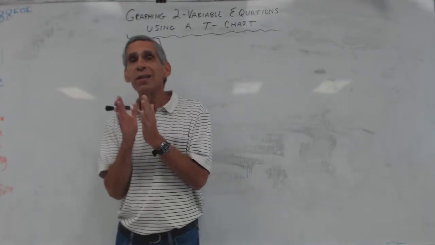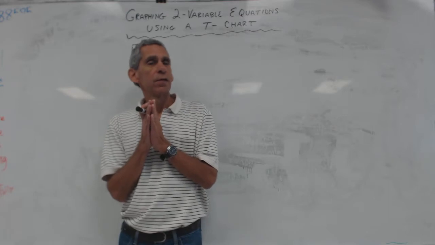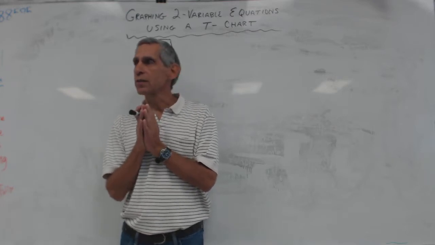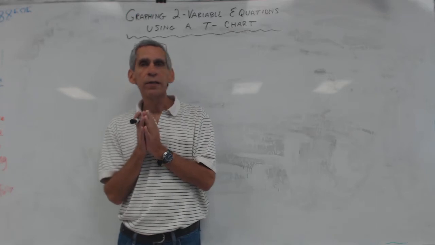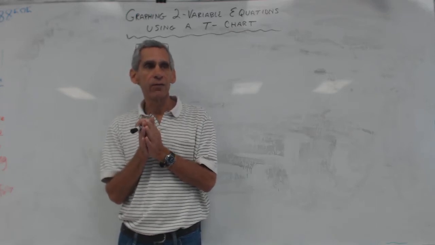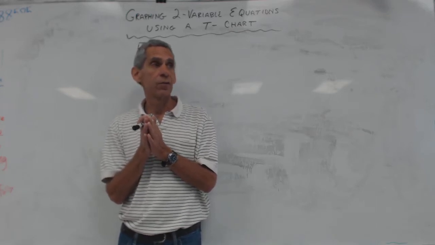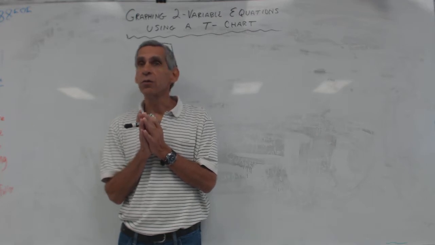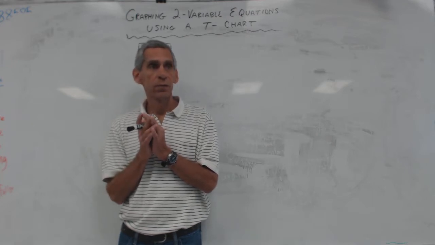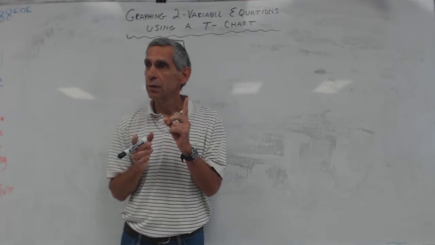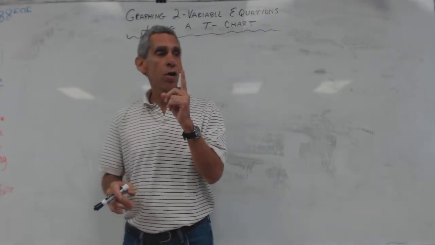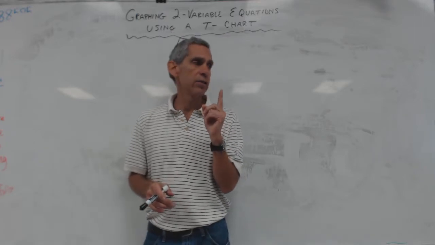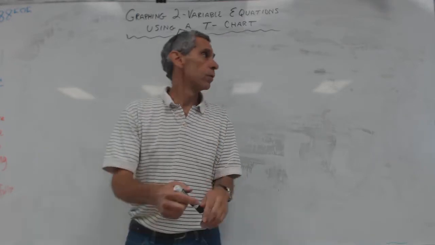So guys, up to this point, the only types of equations that I have given you, or Nate has given you, are equations that have only one variable. And if you have only one variable, all you need is one equation to solve for that variable.